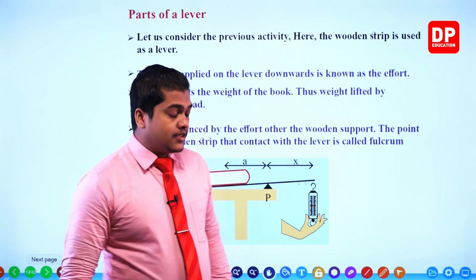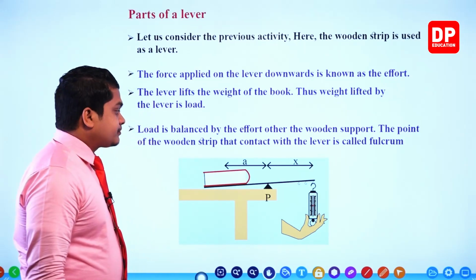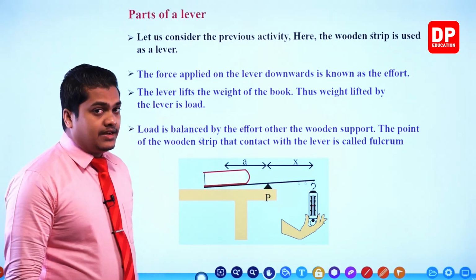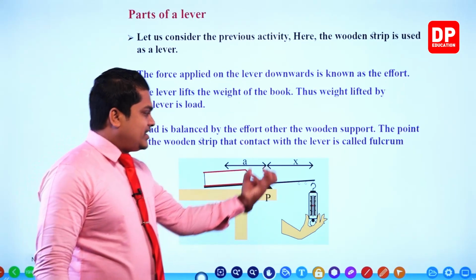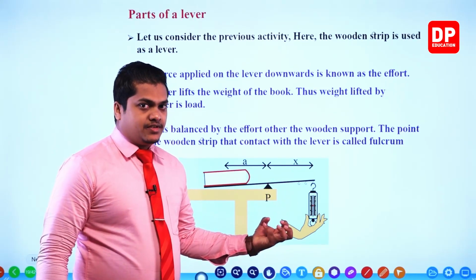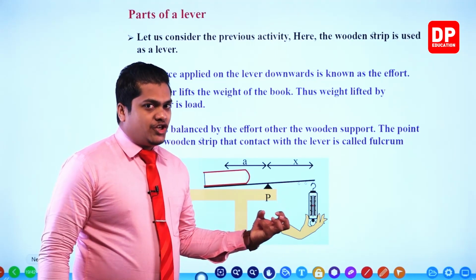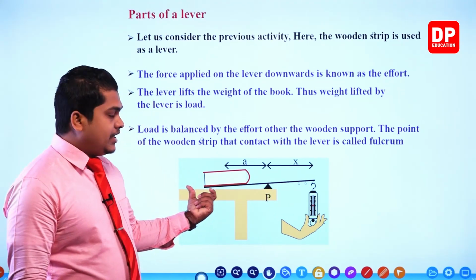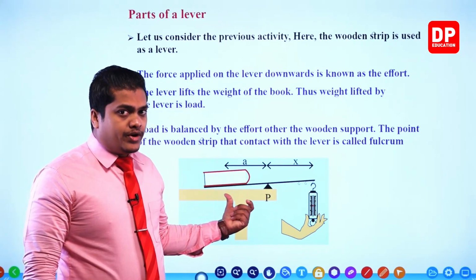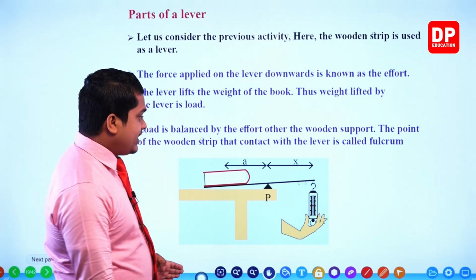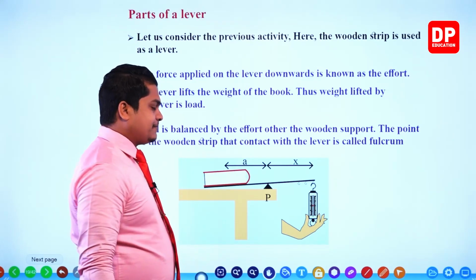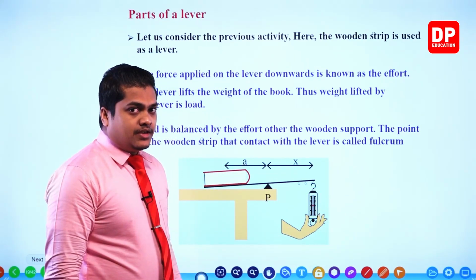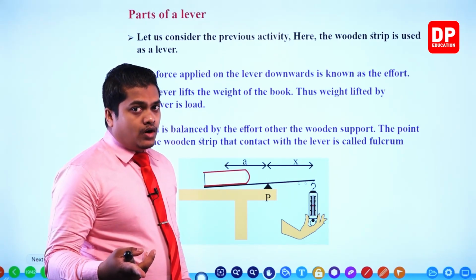Remember that. So this strip or the wooden log is the one which is referred to as the lever. Then you have to wedge it first. When wedging, it's important to wedge it somewhat near to the load. In that way, you can reduce this A distance and increase the X distance, and by that way we can ease our work.